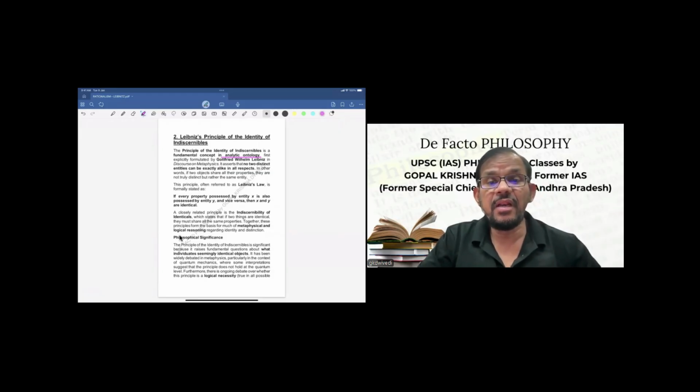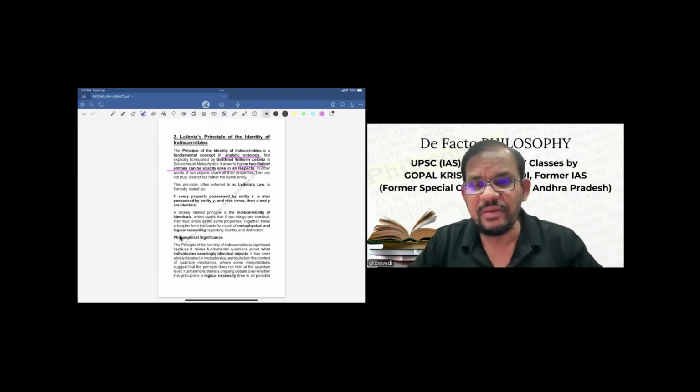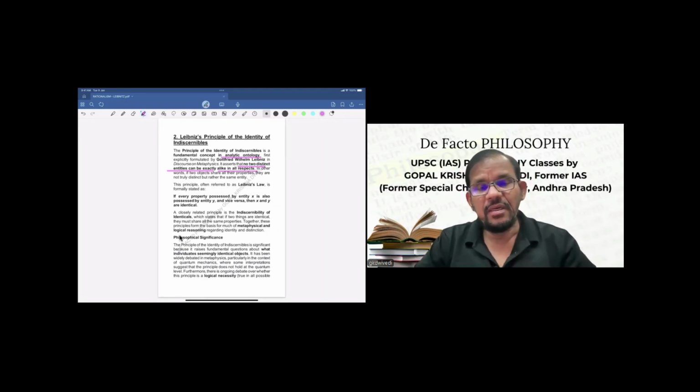This principle is basically that no two distinct entities can be exactly alike in all respects. We have already seen in the monadology that Leibniz has given that no two monads are the same or similar. So in other words, if two objects share all their properties, they are not truly distinct, but rather the same entity.